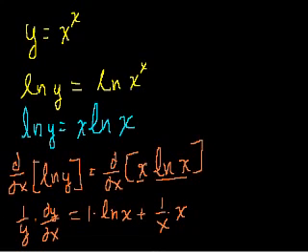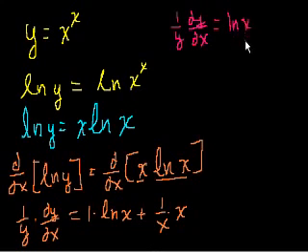All right. So let's simplify this. We get 1 over y dy dx is equal to the natural log of x plus, well, that just cancels out and becomes 1, right? And so we have the derivative of y with respect to x is equal to y.